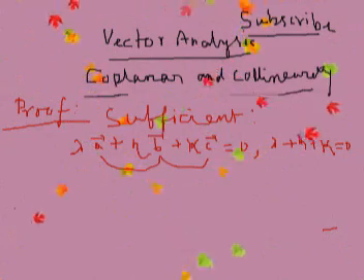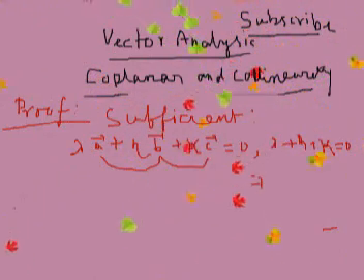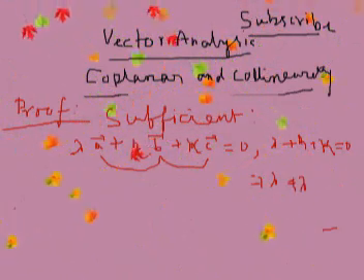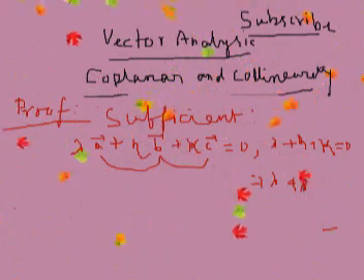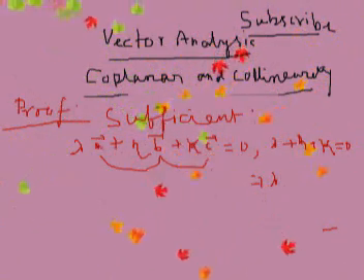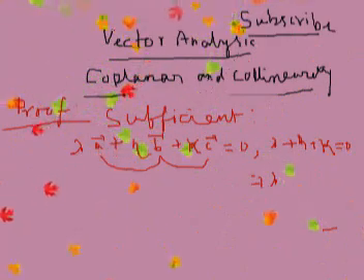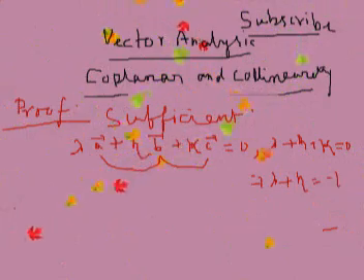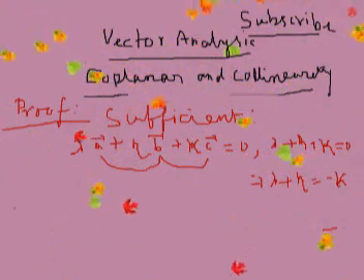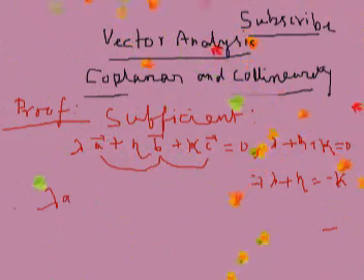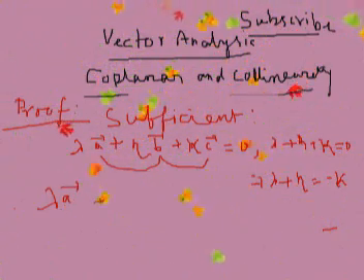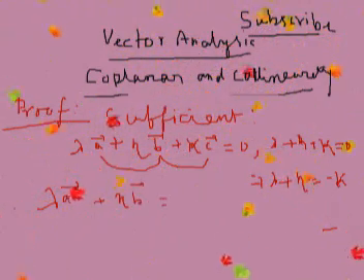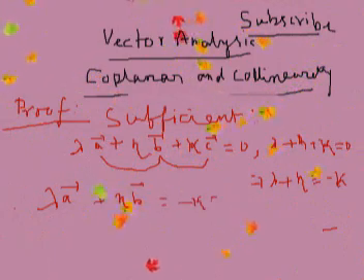So how can we prove this? From here we will get lambda plus eta is equal to minus kappa. From here we will get lambda A vector plus eta B vector equal to minus kappa C vector.